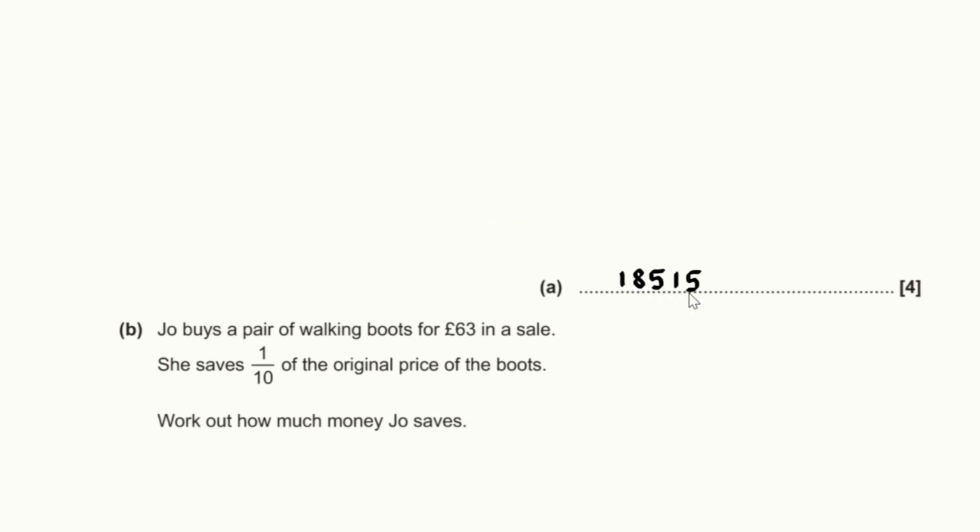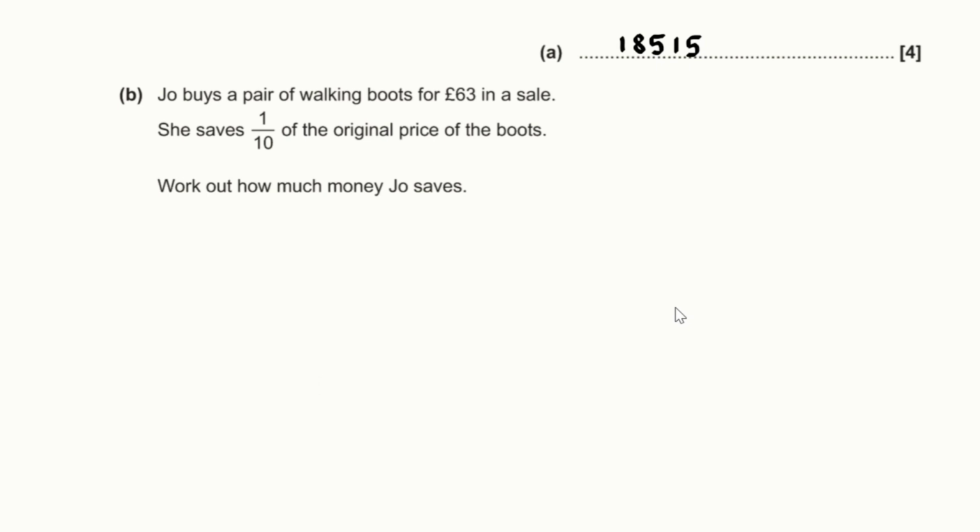And then for part B, Jo buys a pair of walking boots for £63 in a sale. She saves 1/10 of the original price of the boots. We have to work out how much money Jo saves. Well, what we need to do first of all is find out the original price.